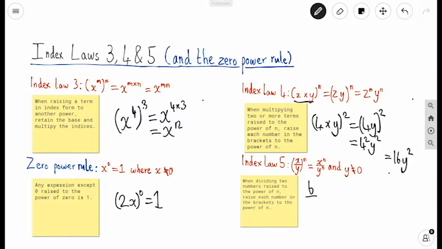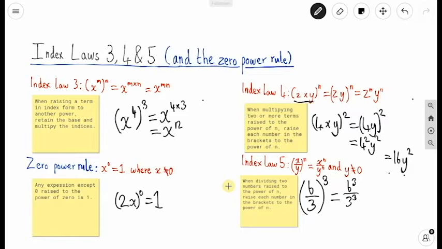b over 3 in brackets raised to 3. So we solve this question by separating it out and getting rid of the brackets. That would give us b raised to 3 over 3 raised to 3. And then we can also simplify.